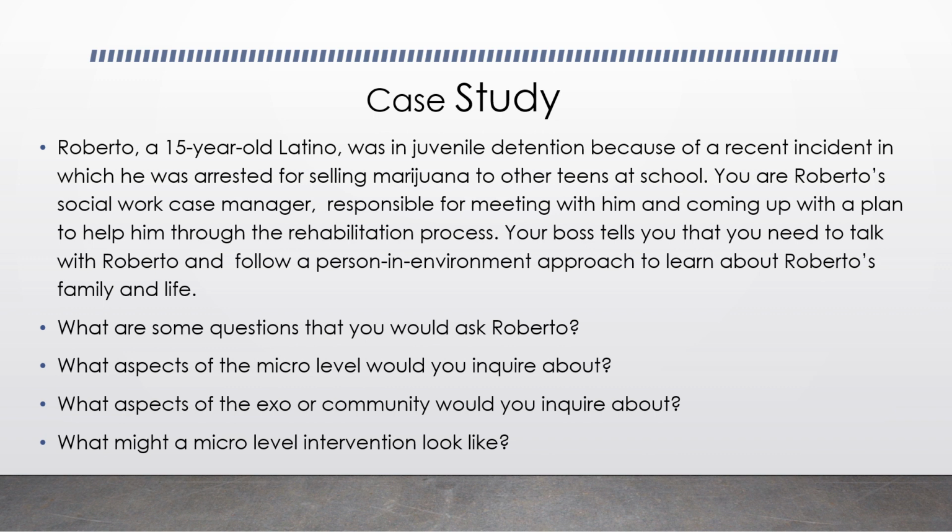So it's important to think about where our clients are at as we start the relationship, because building rapport with Roberto may be a bit challenging since he's not necessarily there by choice. However, he does probably have the motivation of getting out of detention and getting back to his family. So as a social worker, you can work with that.